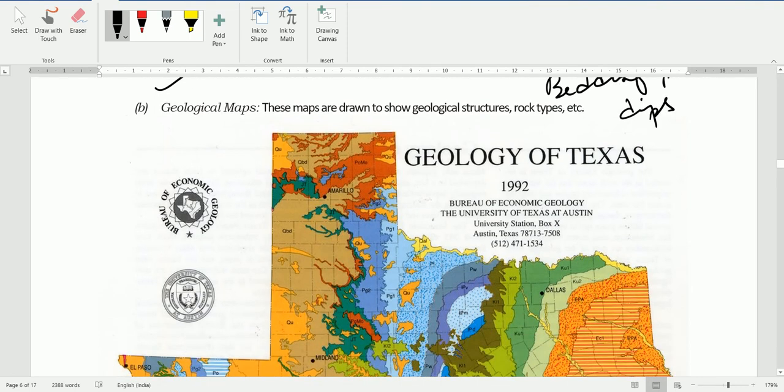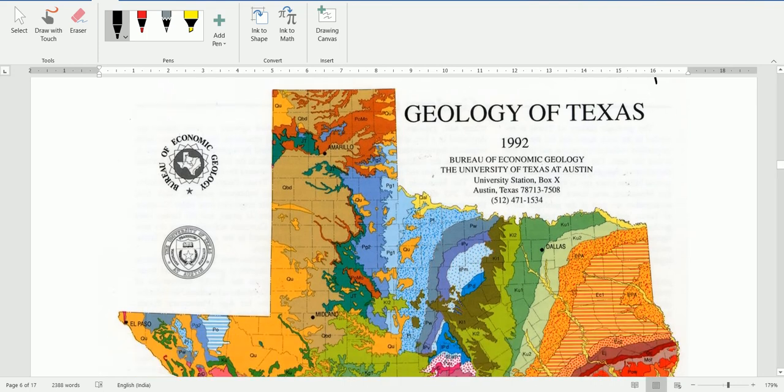So it represents the different types of rocks, minerals, age of the rock, formations, everything is represented in the geological maps.